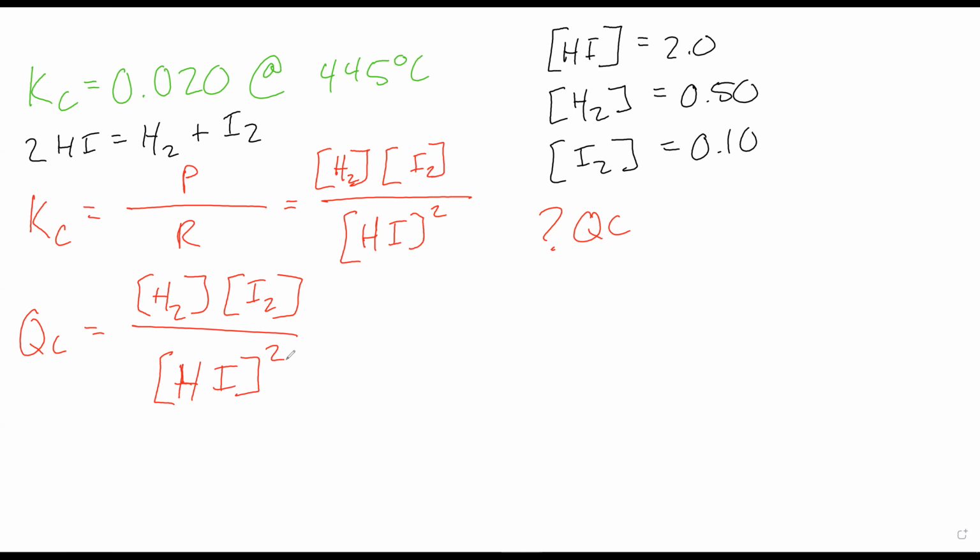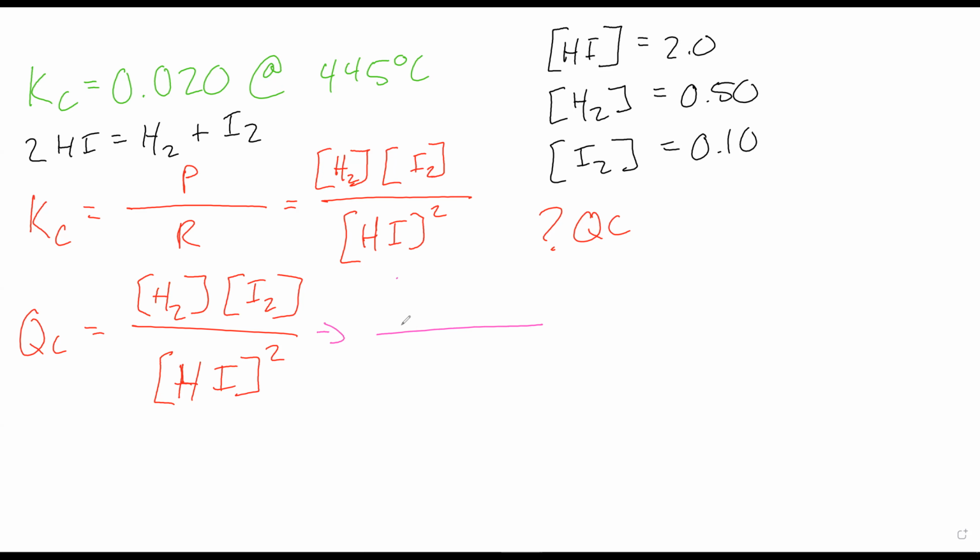And if they already gave me Kc, and they didn't tell me that the concentrations of HI, H2, and I2 were at equilibrium, I can assume that these numbers are going to go into the Qc formula. With the Qc formula, I can not only find Qc, but compare it to Kc. So let's solve for Qc.